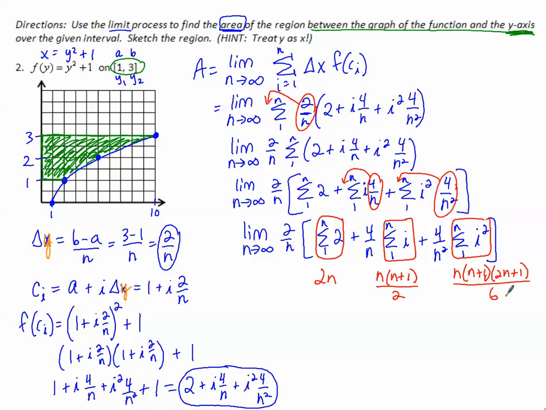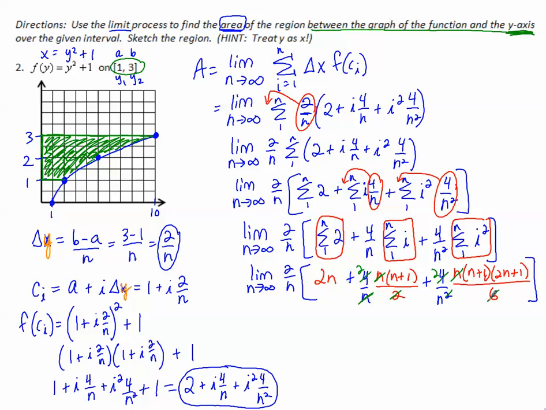We have a plus here, we have the constant multiple 4 over n, we have a plus here, and the constant multiple 4 over n squared. Now we want to simplify. In this part, 2 goes into 4 two times, we have a factor of n, and 4 over 6 turns into 2/3. Remember we want to use as little effort as possible, so we're only going to simplify as much as we have to.